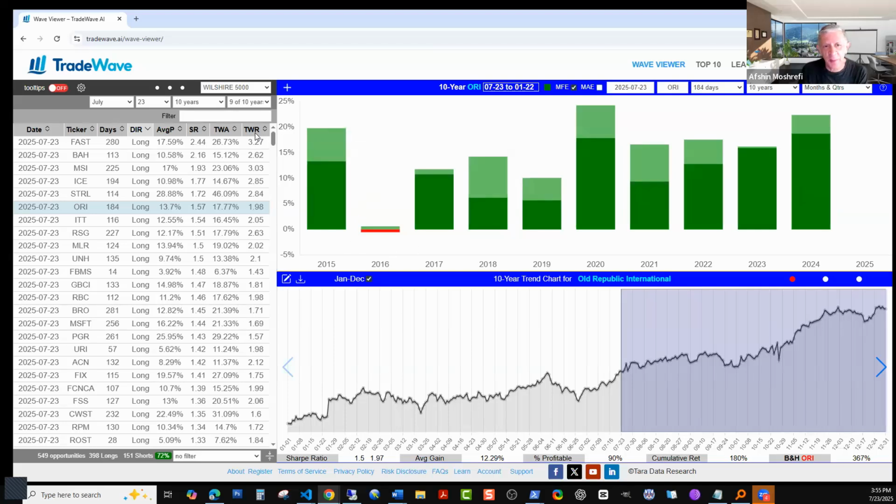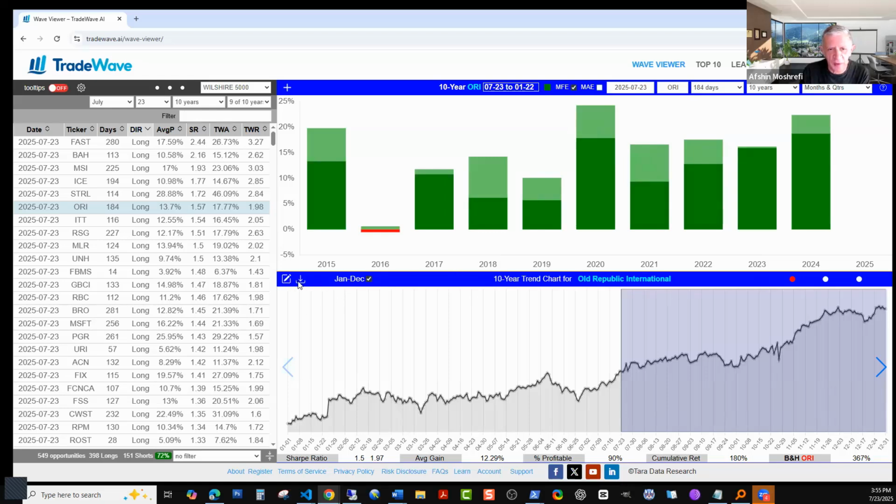So that's the point of TWR, and TWA is just the average based on the dark green and light green part. There are some details of it in the book about that.